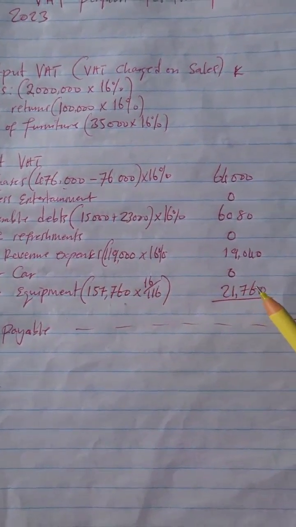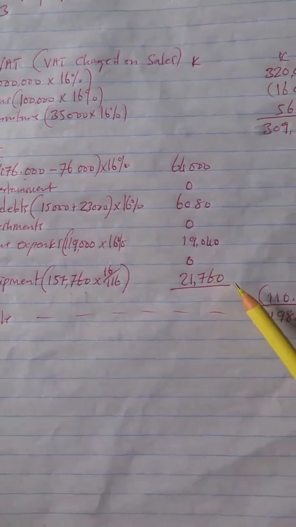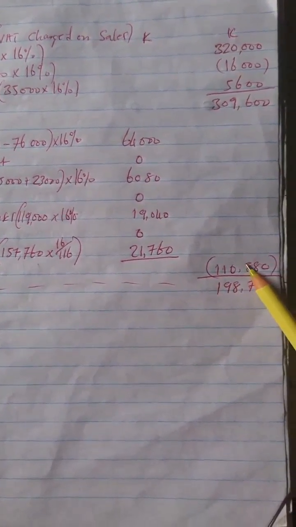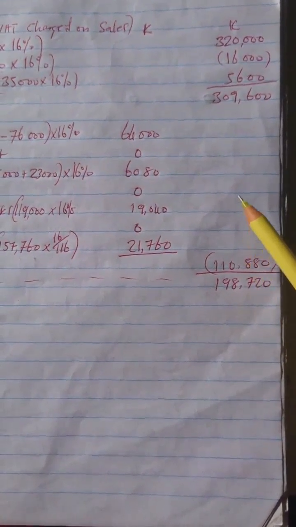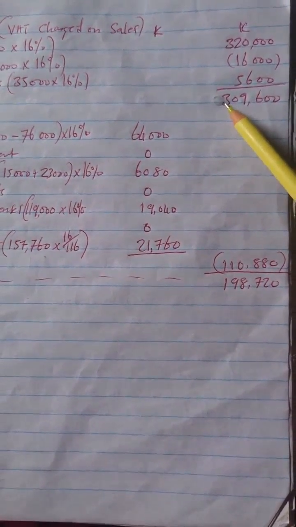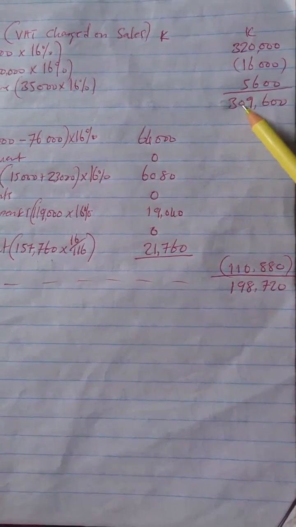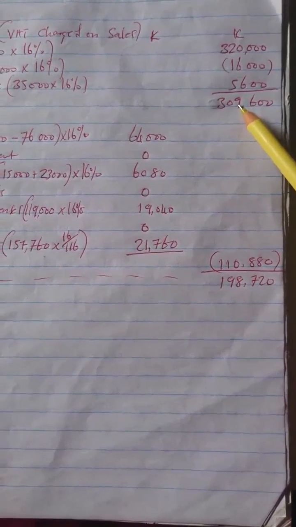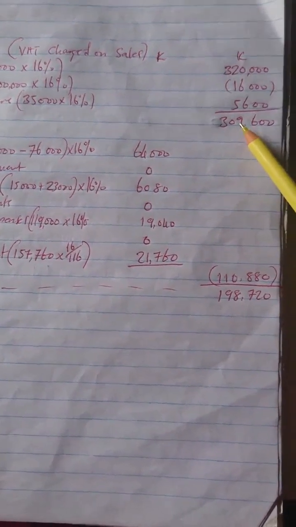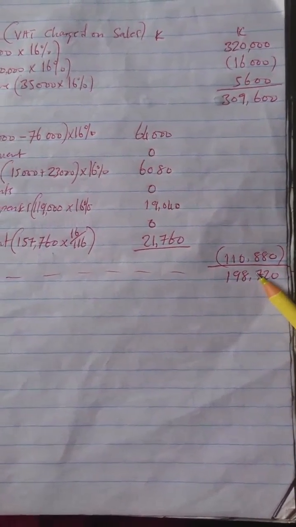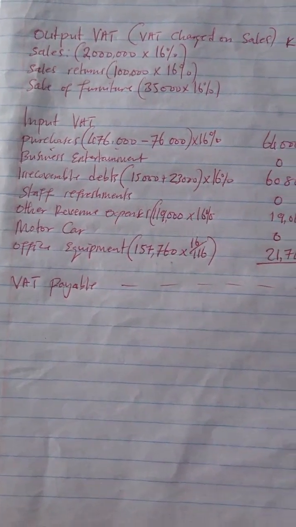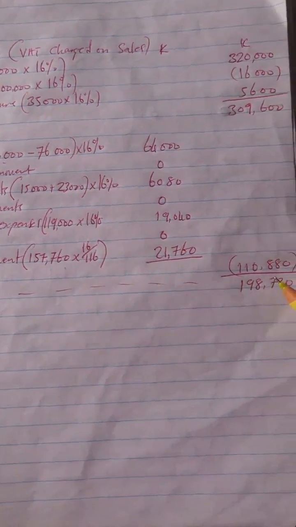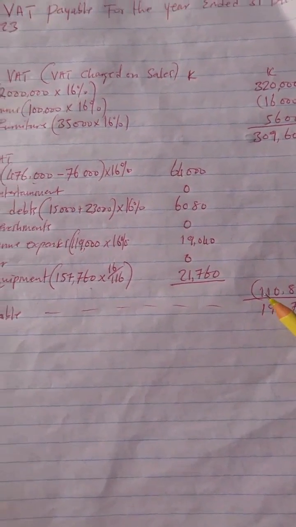So that's how you calculate that figure, and then find the total of the claimable, which is less than the tax chargeable, the one you were charging. So you do the subtraction from that amount of the output tax. You are going to find the tax payable at the end. So this is how you do your calculations.